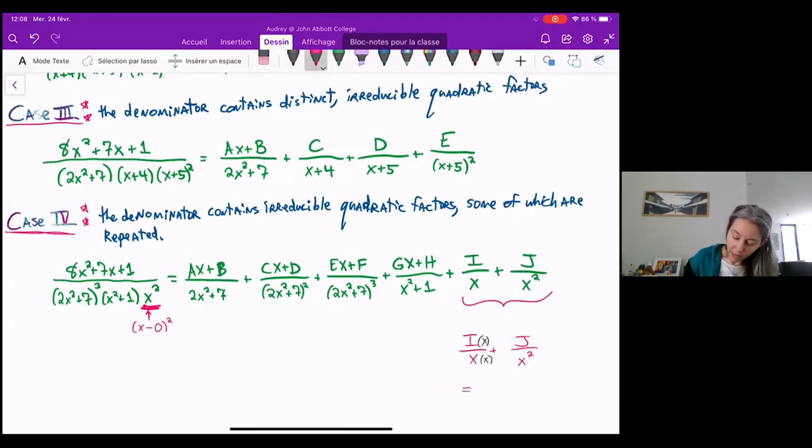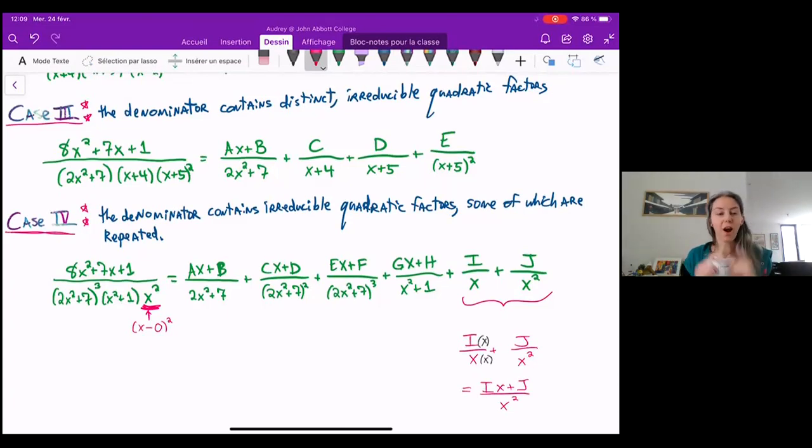So ultimately what I would end up with here is ix plus j over x squared, which is exactly what you would have gotten if you had thought of it as a quadratic factor. So the fact that these things ultimately were added together is the thing that allows us to know that when we have them separated, it's still just a constant on the top because it's still just a linear factor. So hopefully that makes a little bit more sense looking at it in terms of the x right there.